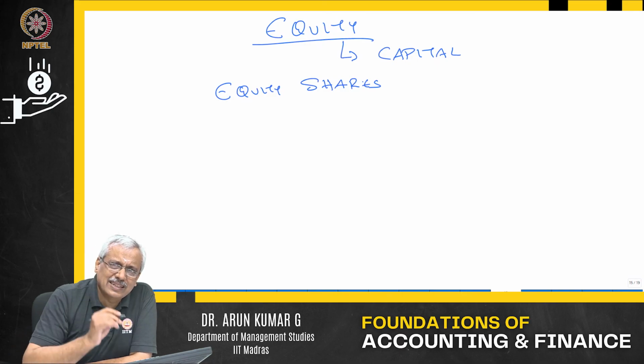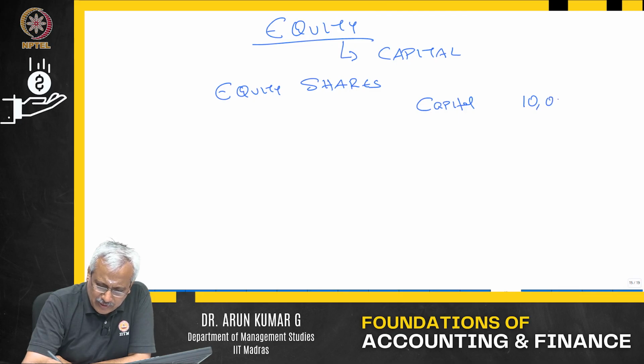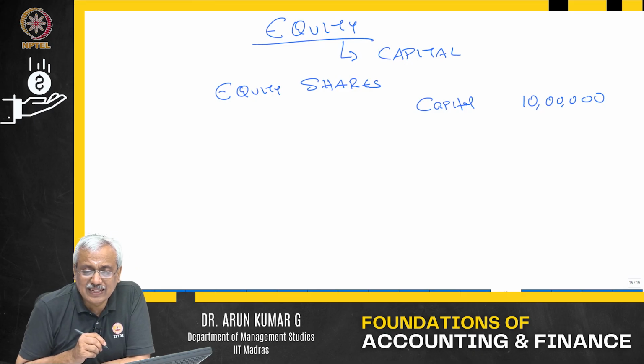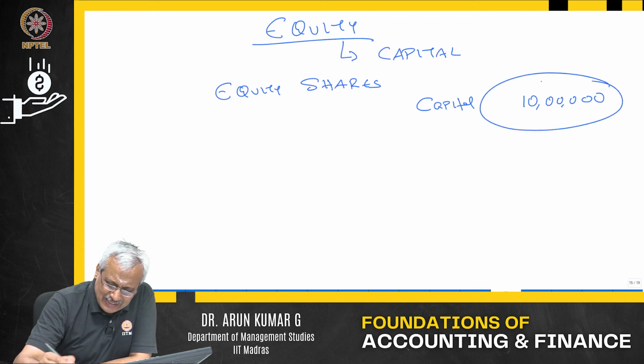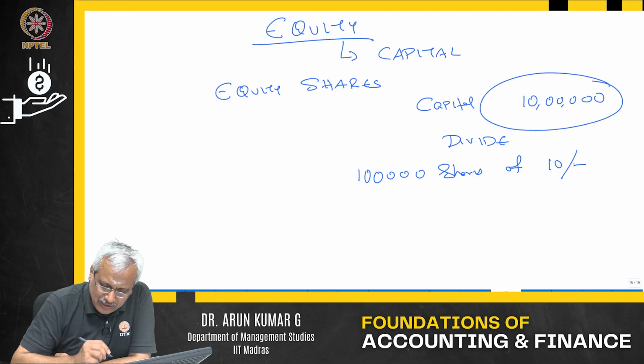Imagine hypothetically that my business needs a capital of about 10 lakhs, or 1 million, whatever it is. Now this 1 million or 10 lakhs I can divide into 1 lakh shares of 10 rupees each.